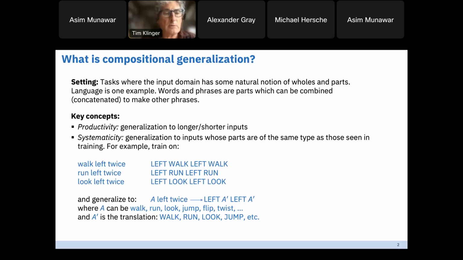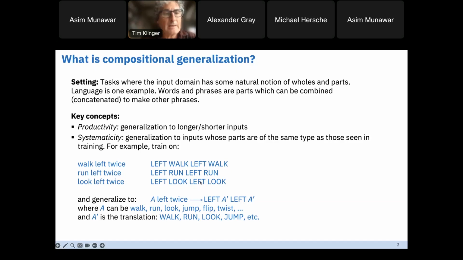The object here is to translate sentences like walk left twice into a sequence of commands, a capitalized version, that could be executed by a robot in order. So walk left twice turns into turn left, walk, turn left, walk. Similarly, run left twice turns into turn left, run, turn left, run, and look left twice turns into turn left, look, turn left, look. And by this point, you're looking at this and saying, I get the pattern here.